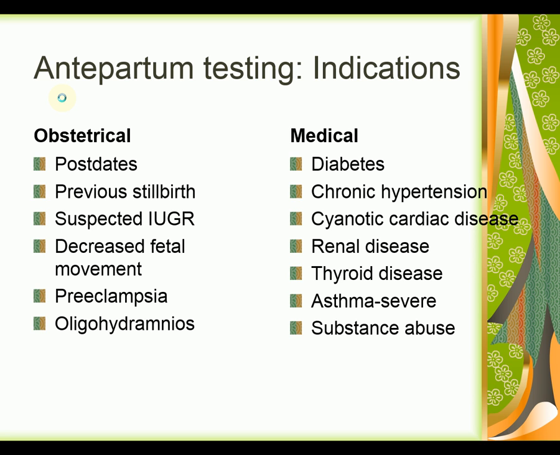But if they have a cyanotic cardiac disease, that means they're not getting enough oxygen. If they're not getting enough oxygen, then the baby's not getting enough oxygen. Renal disease. If mom's having problems getting rid of all her toxins in her body fluids, then the baby's going to have the same thing. And we'll talk more about thyroid and asthma, how that affects, and substance abuse later on when we get to those chapters.